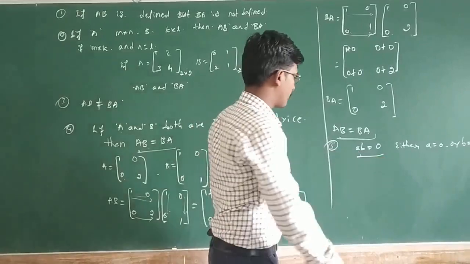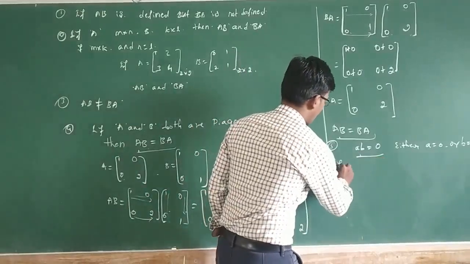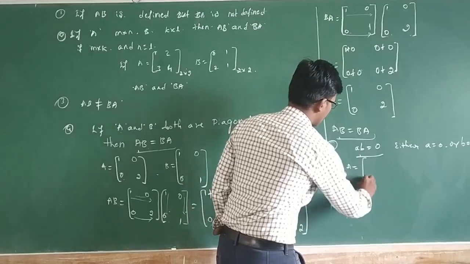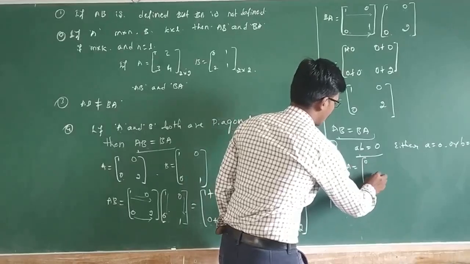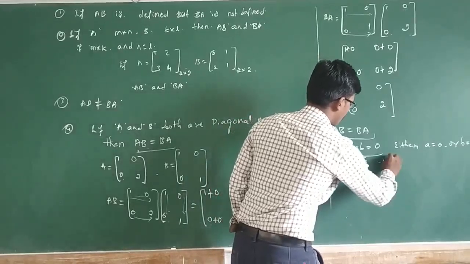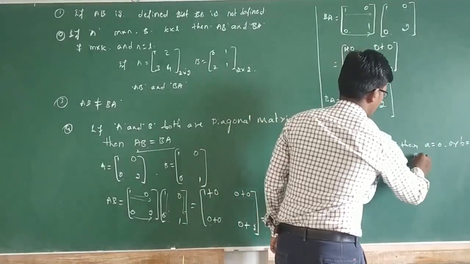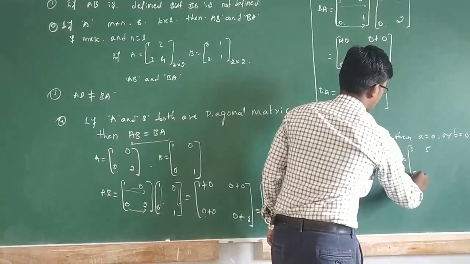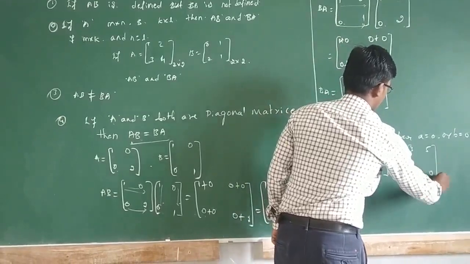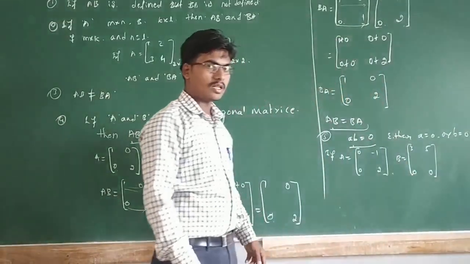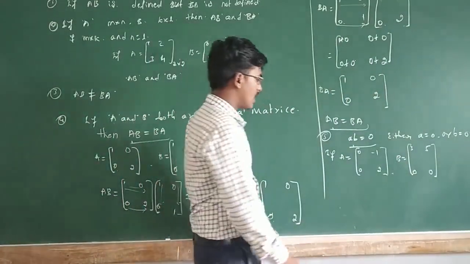That is, if A is equal to 0, 0, minus 1, 2, and B is equal to 3, 5, 0, 0. I have taken these in general. Here AB is equal to what?